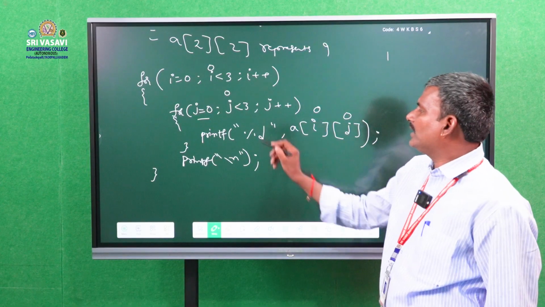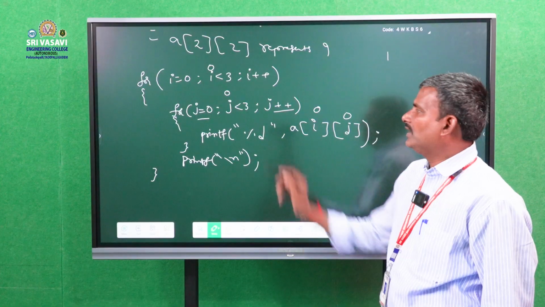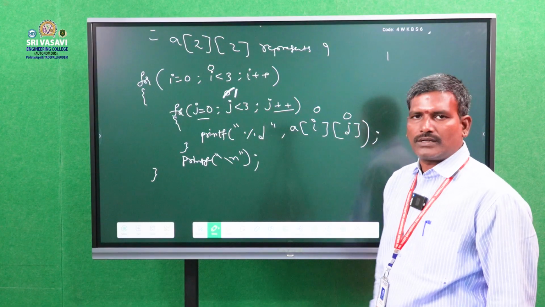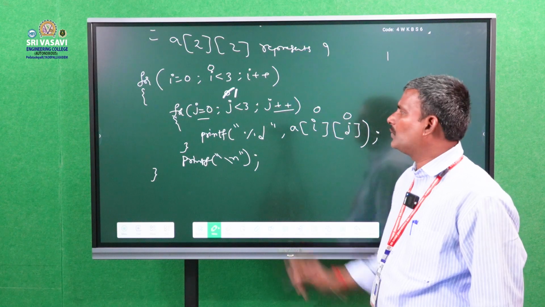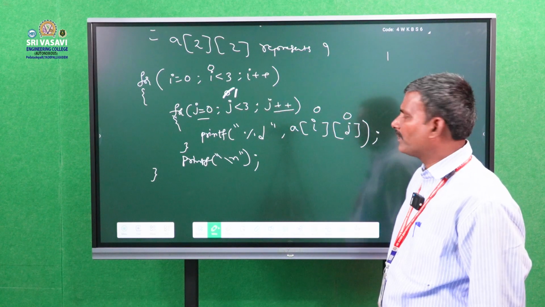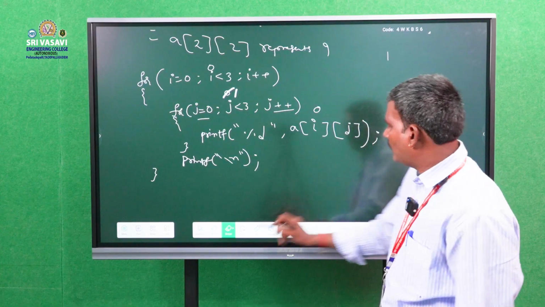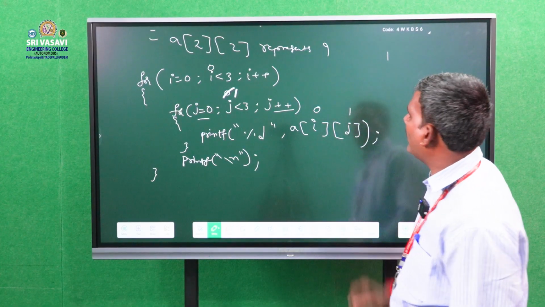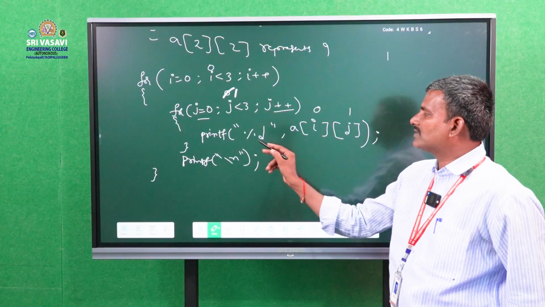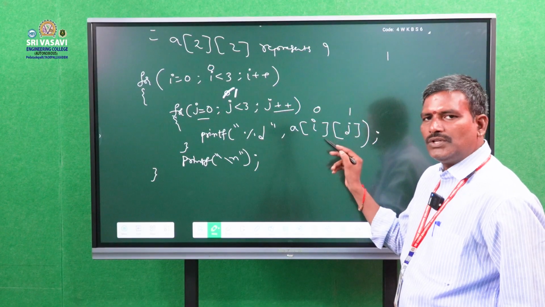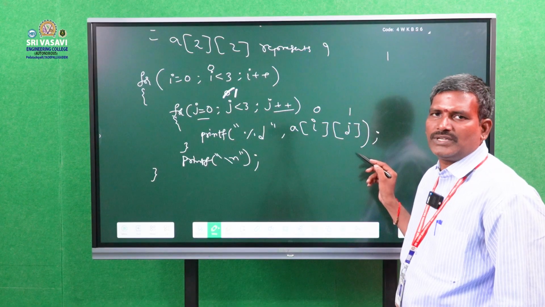Okay, and then after executing j value 0, again increment, the j value becomes 1, again condition checking 1 less than 3, condition true, again entering into the loop, and then now j value is 1, i value is 0. Again the printf statement is like this, printf percentage d comma A of 0, 1 means 0th row, first column index.